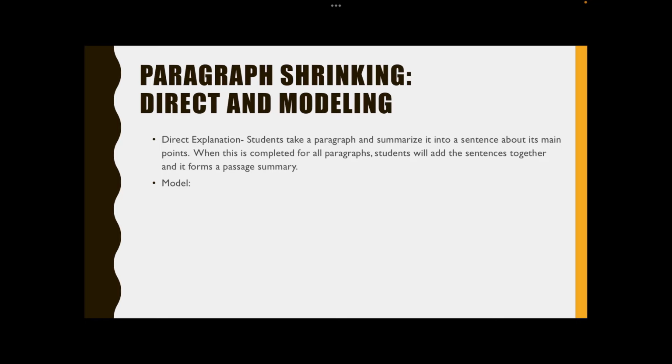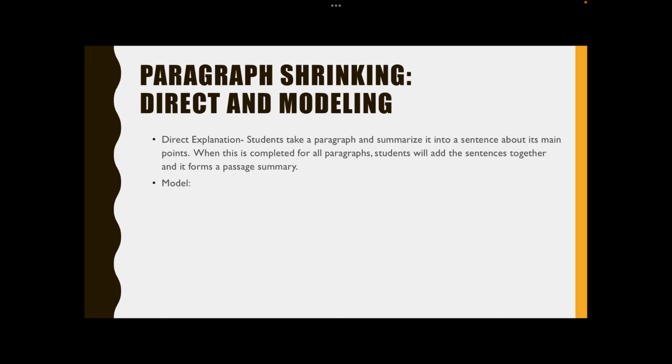So pretty much you're just taking each paragraph from your passage and summarizing it into a sentence about the main point from that paragraph. Then you do this to all the paragraphs in your passage, and at the end, you just put all those sentences together and it makes a summary.